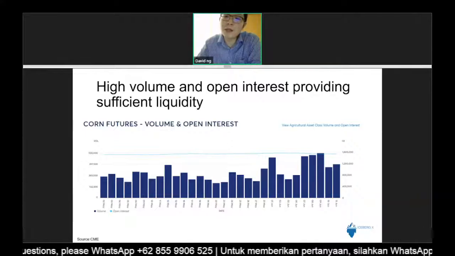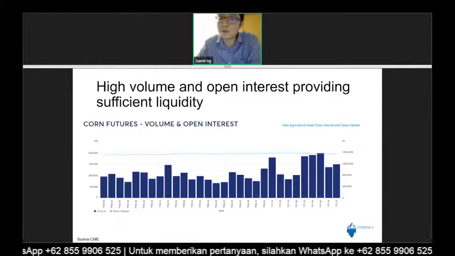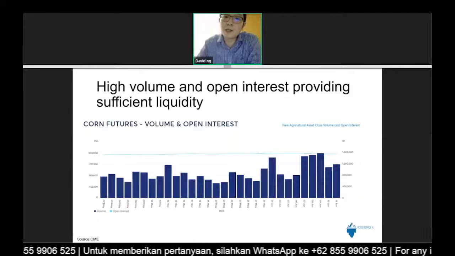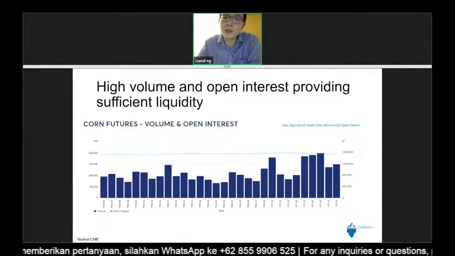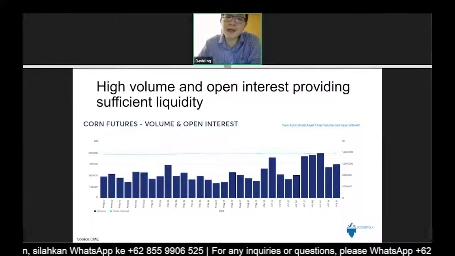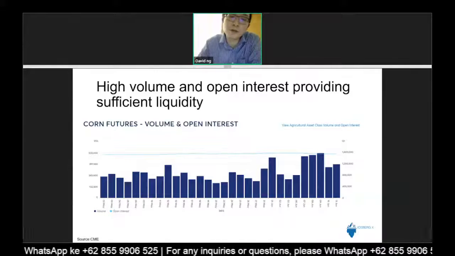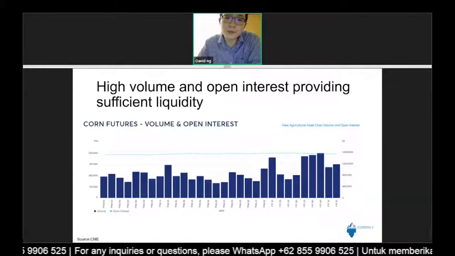You can even trade the market out to a year forward. Same goes for soybean. I think these two markets are very deep. So if you want to expose yourself to the grains market, I believe the CME Exchange is a very good platform for you to gain exposure.